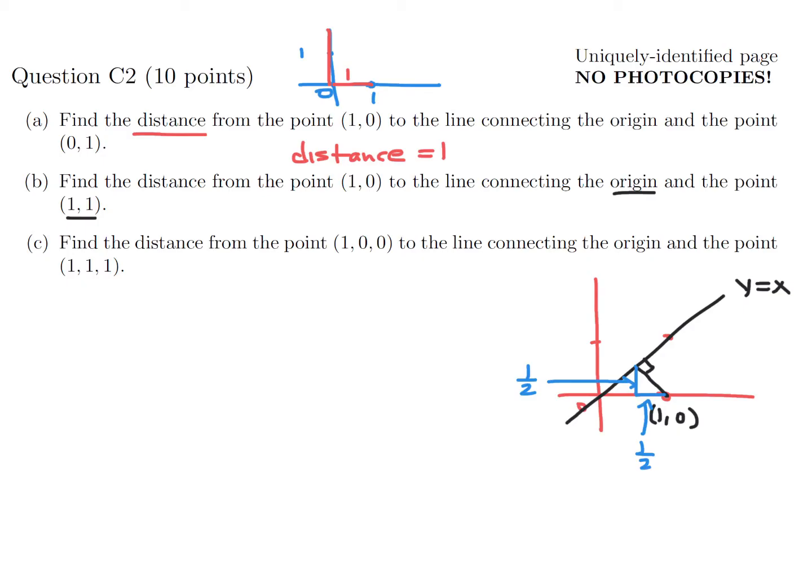And the reason is because this point right here is of the form (x, y), but since y is equal to x, it's of the form (x, x). So it has to have the same x coordinate and y coordinate. And the slope has to be a negative reciprocal of that slope. The slope here is 1, so the slope of this line has to be -1, which is the negative reciprocal. So there's many reasons why you can conclude that that is a half.